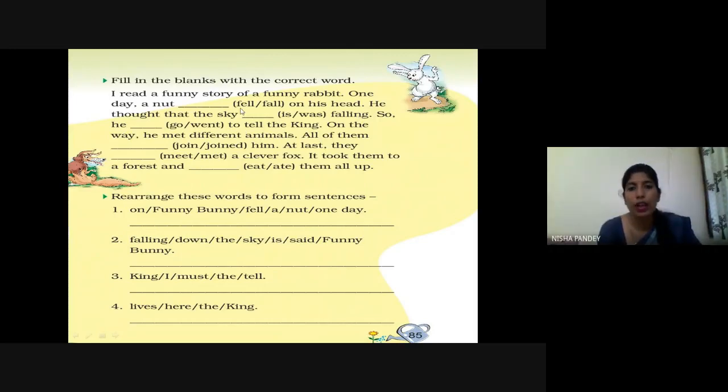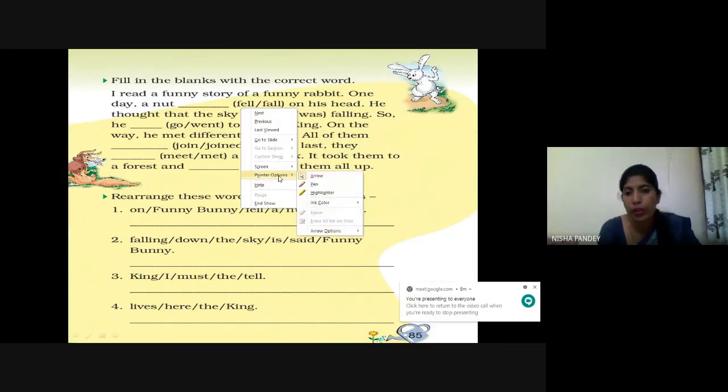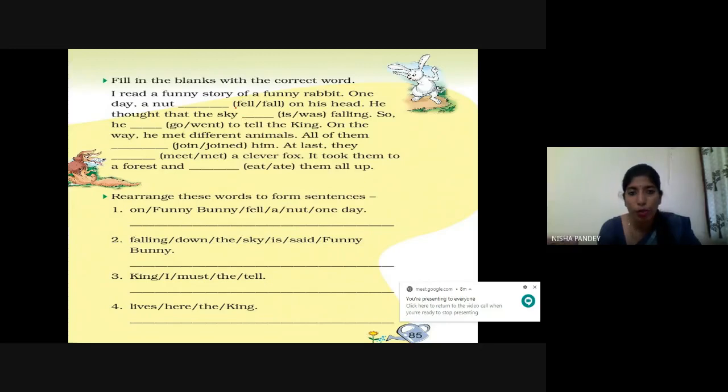Yes. So this will come here: fell on his head. क्योंकि already ऐसा हो चुका है story में. So yes, it will be past tense, right? Past form में use करेंगे. So fall का past tense क्या होता है? Fell. Already उसके सिर पे वो गिर चुका है इस कहानी में. That is why we say, a nut fell on his head.